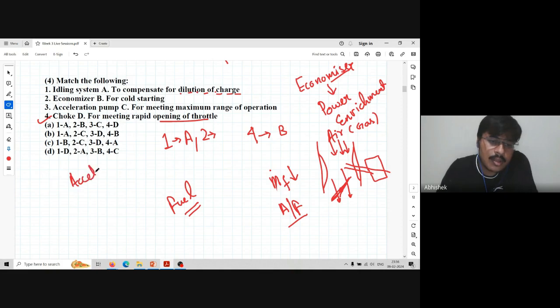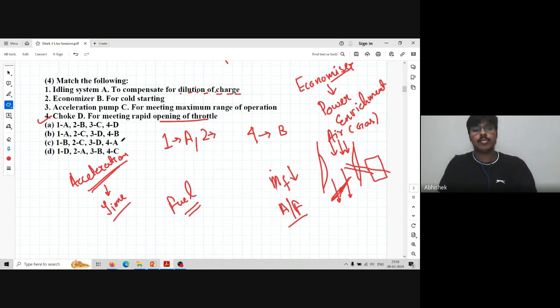Acceleration is generally a transient process, taking place over a period of time, so there will be a time factor introduced here. The throttle will open over a period of time, and then there will be a difference of inertia. So 3 is D, and 2 is C. So the answer is B.